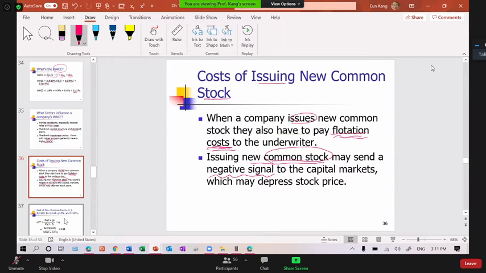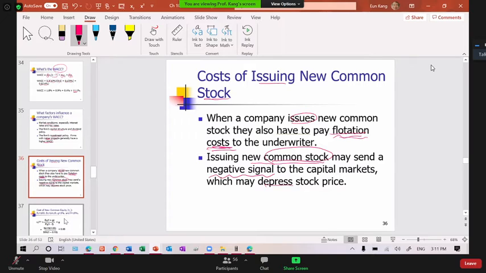So the market will be suspicious when you issue stocks. That may send a negative signal and depress the stock price. So that is a cost. It is very important, but very hard to quantify.